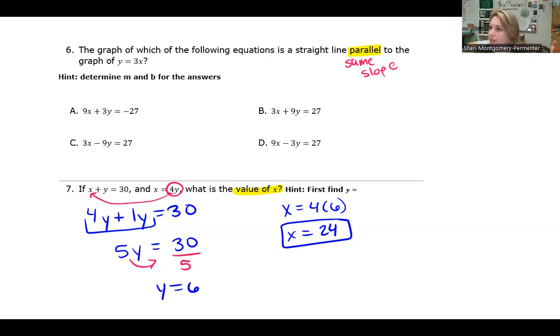So we're going to have to go through here and figure out which one of these answers has the same slope. To figure this out, we can do the same thing that we've been doing, where we cover up the y, we figure out the x. We cover up the x, we figure out the y. So we're going to use the answer choices to help us figure this out.